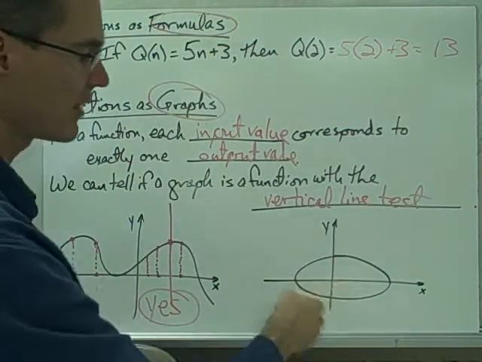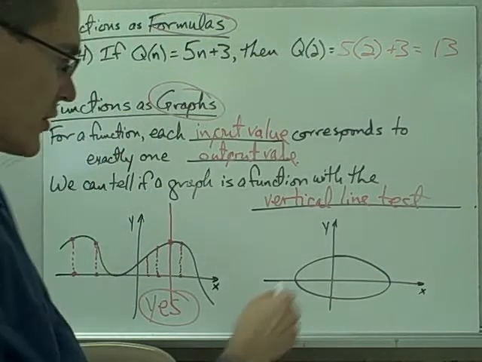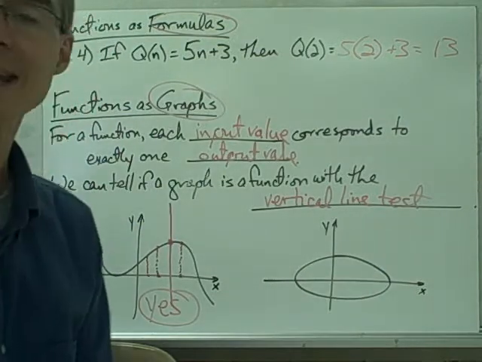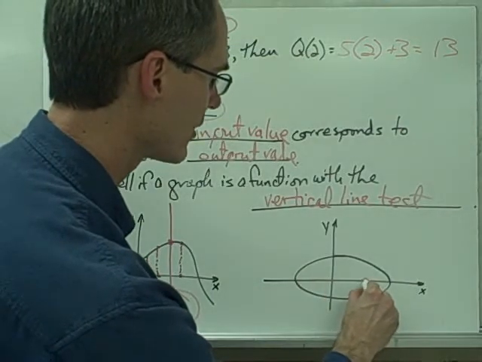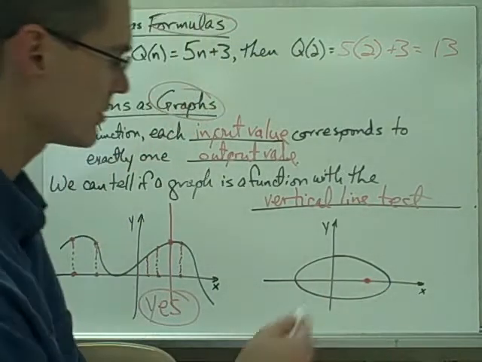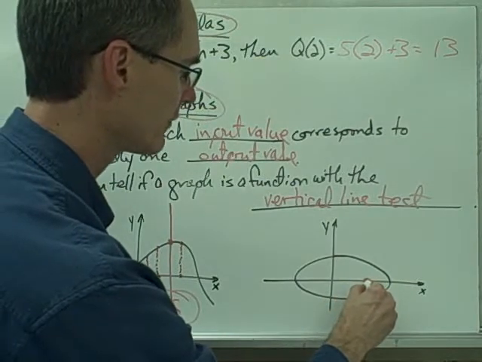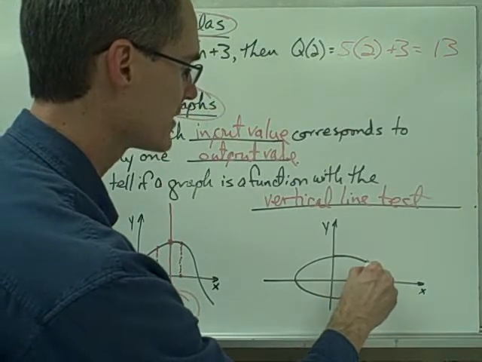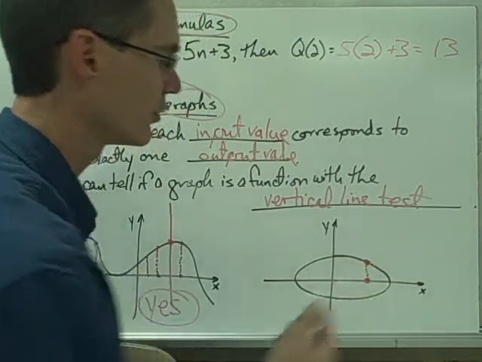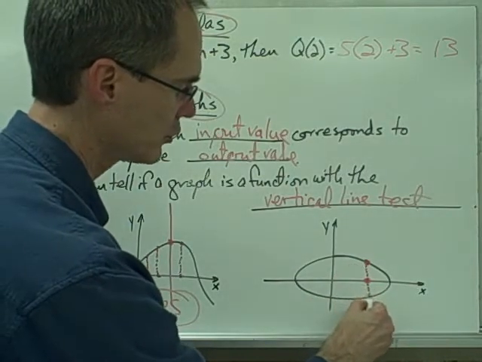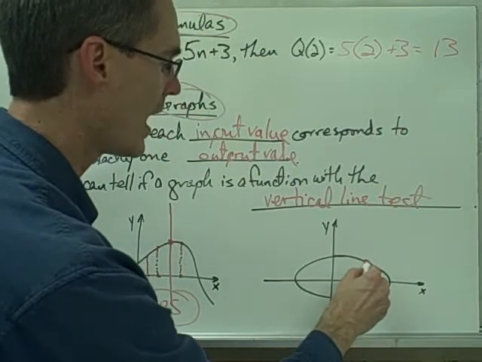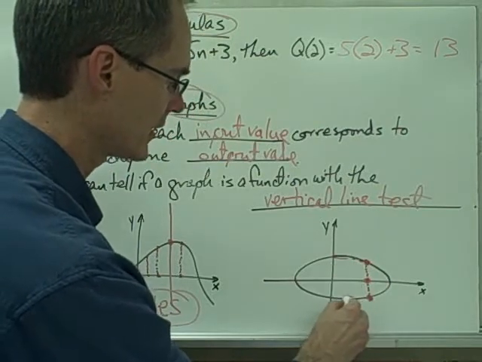Now, here I have a graph of another type of relation. This looks like the graph maybe of an ellipse. And I can see right away that there are some values of x that I can choose, like say this value right here. For this value of x, I can see that my graph actually has two values of y, this value right here and this value right here.